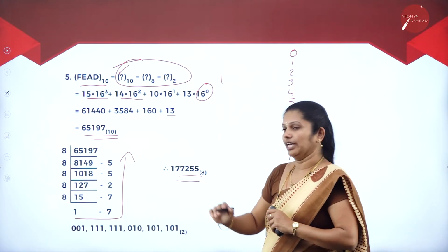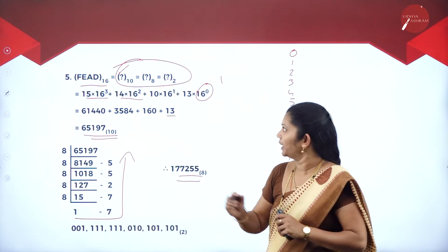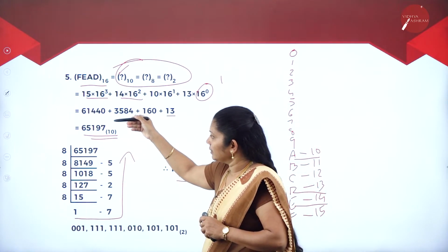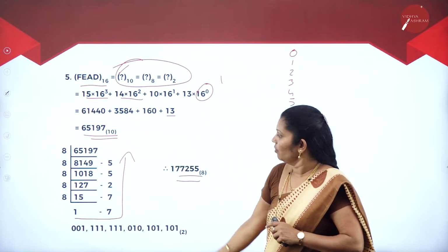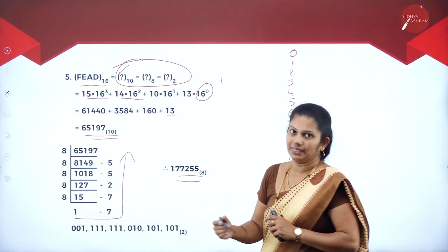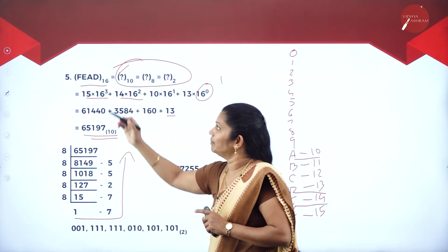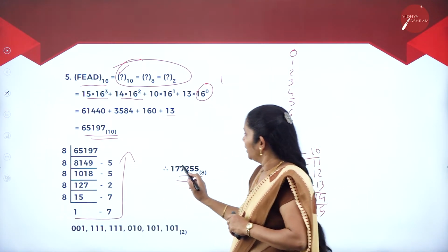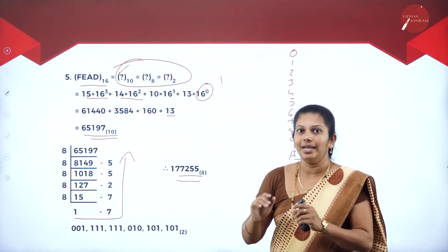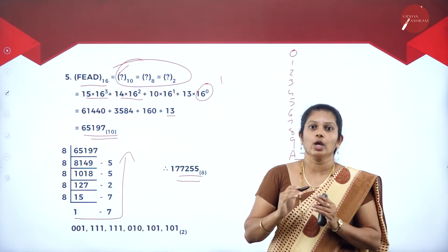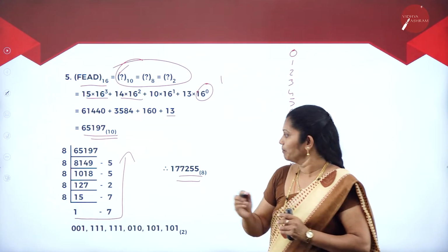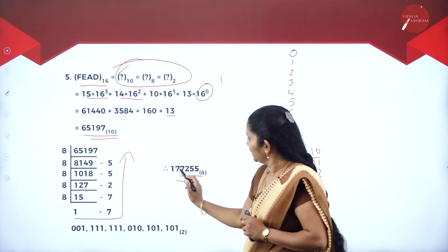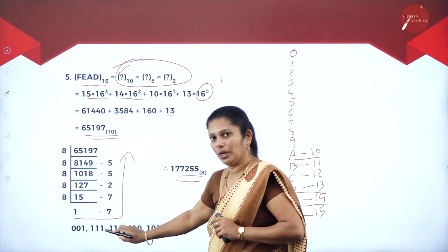Then how to convert this into binary format? There are two methods. If you want, you can take the decimal number to binary, or octal number to binary, or hexadecimal number to binary also you can convert. Whereas converting here, write down the equivalent binary digits. For 1, the binary digits are 001. The next 7, 111.